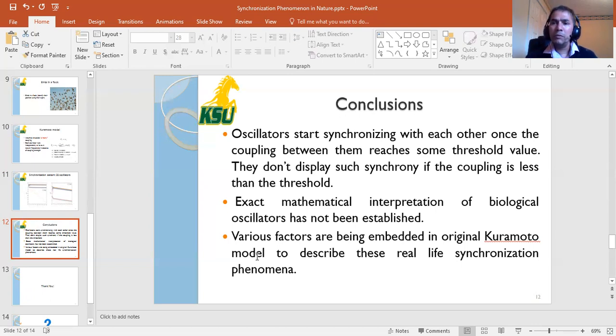But when we try to use it in real-life situations, like fireflies and clapping, it is not so useful to describe these things. So other physicists and scientists are trying to add other realistic factors to the Kuramoto model so that they can come up with the best explanation. That is something they are working on, we are working on.